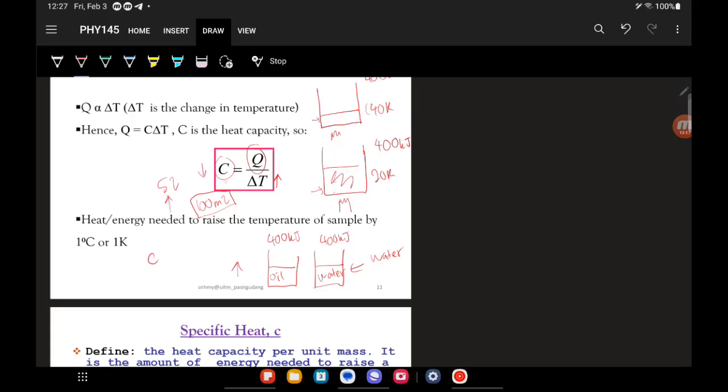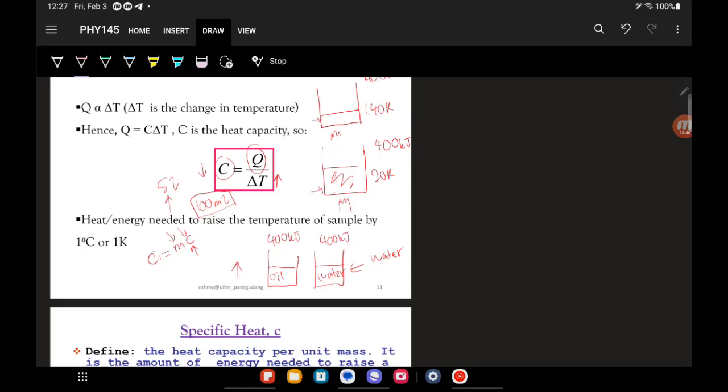So the heat capacity C can be broken into a mass and a specific heat capacity. We call it specific because it is specific to certain materials. The heat capacity depends not just on the quantity or size of the object, but also on the material.